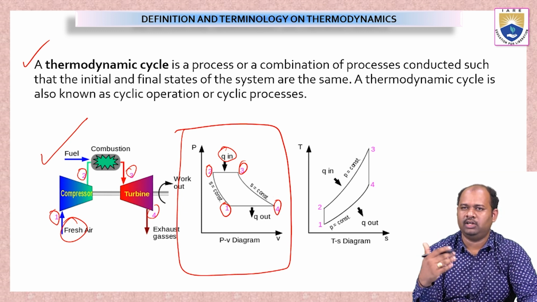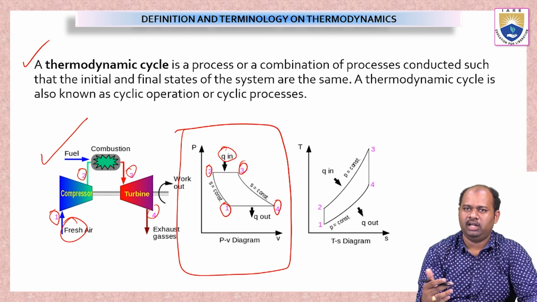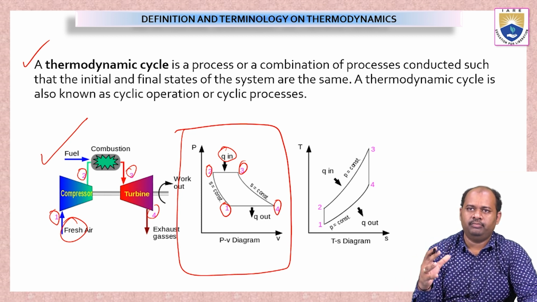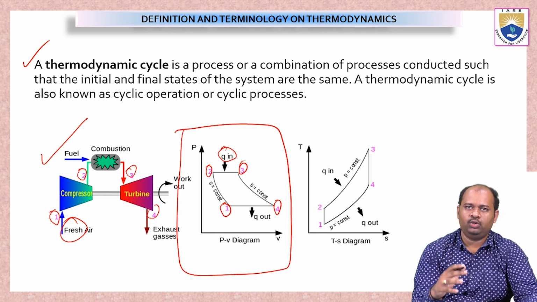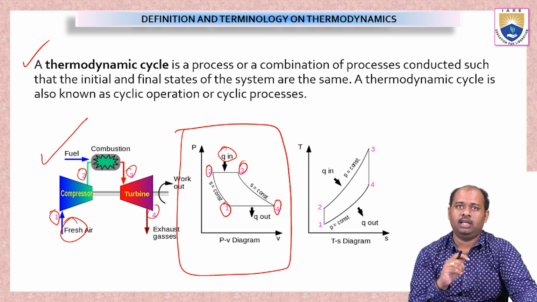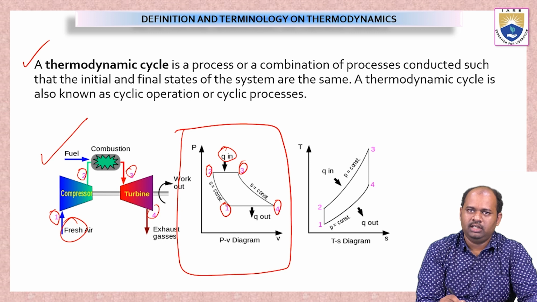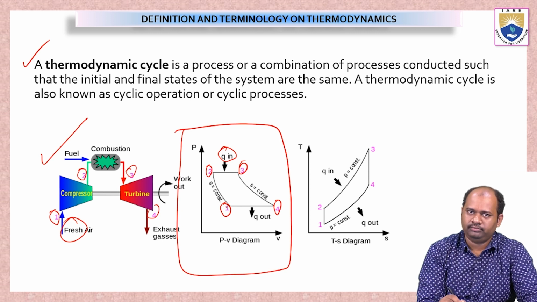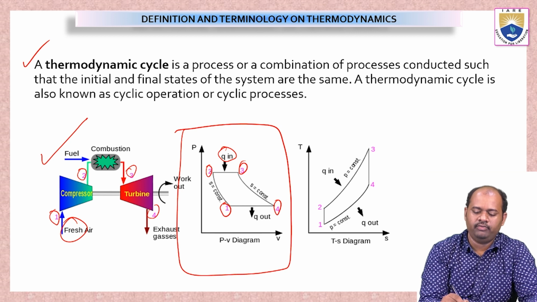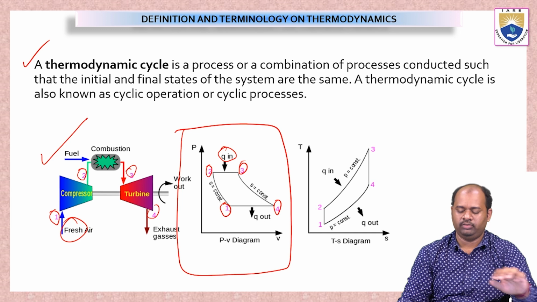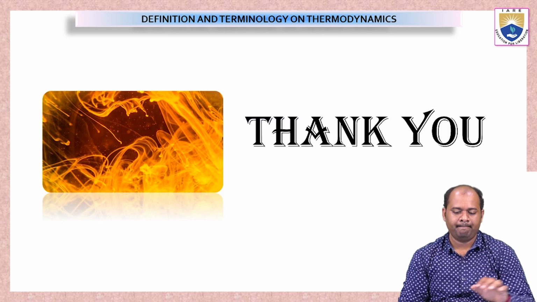It undergoes some chemical reactions, and it is again brought back to normal. So this entire thing can be called a thermodynamic cycle, where initially the air is in gaseous form, it underwent some changes, and finally it came back to its original state. This is a thermodynamic cycle.